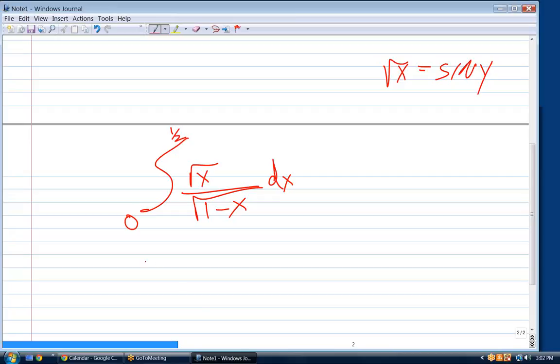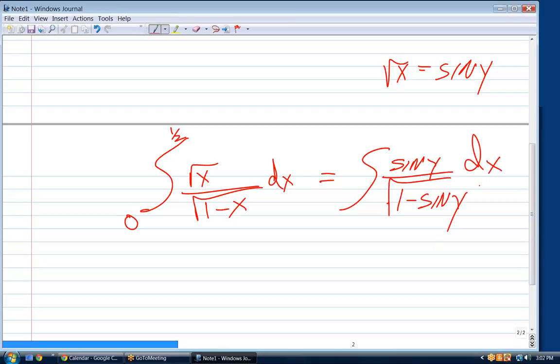Okay, so if we let this equal sine y divided by square root of 1 minus sine y dx, and then we have to convert the dx. The problem is that, like with u substitution, well, where's the u?